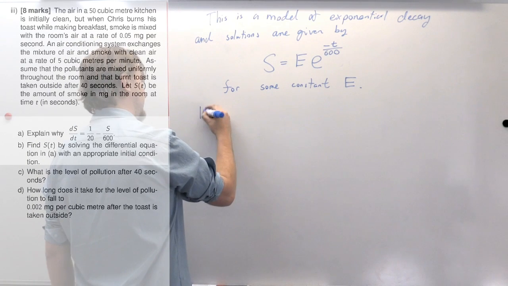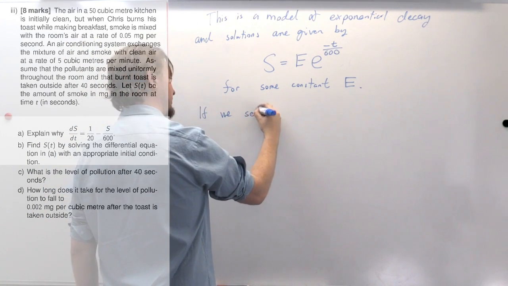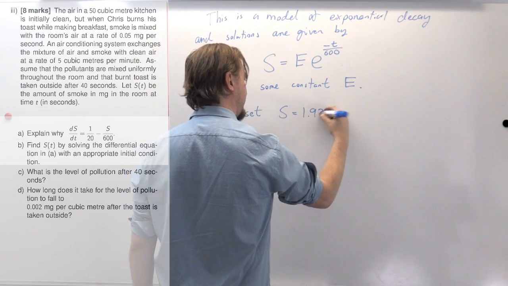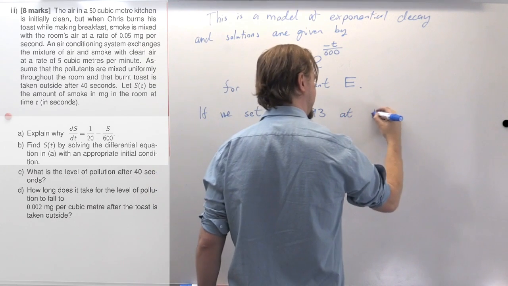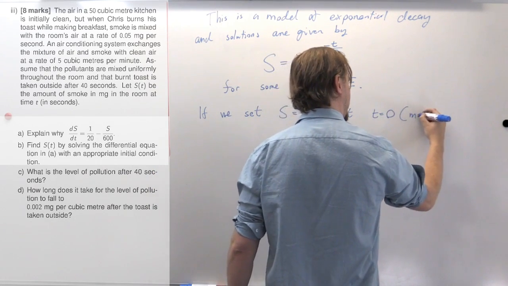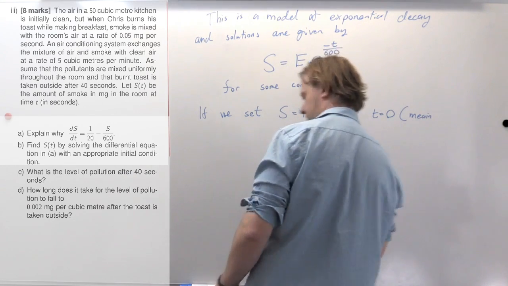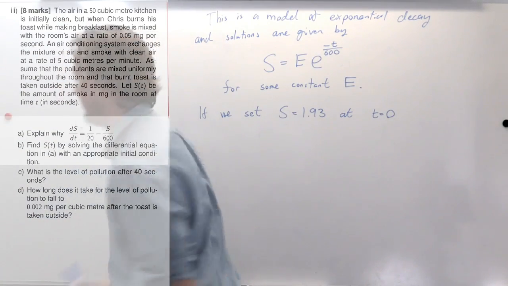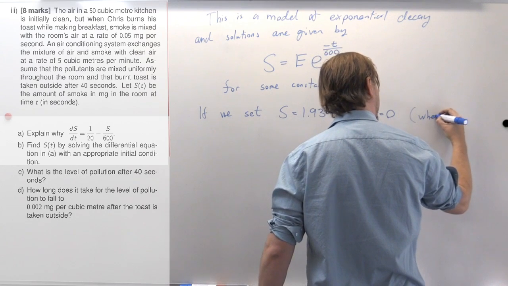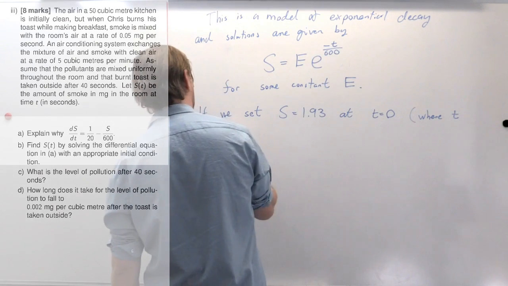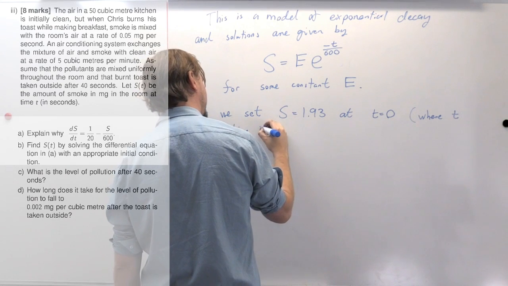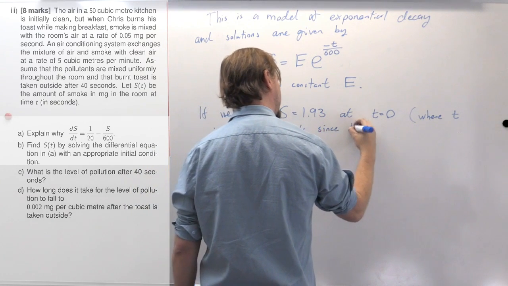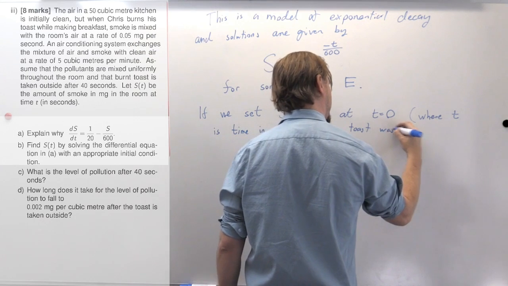So if we set that the level of pollution is 1.93 at t equals 0, let me just explain what t is, where t is time in seconds since toast was removed.